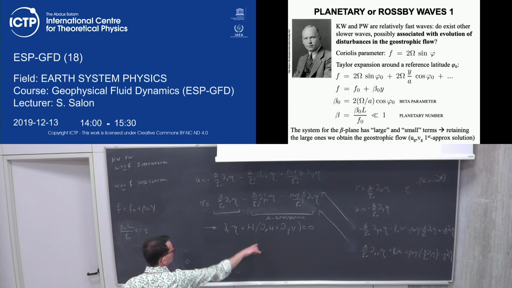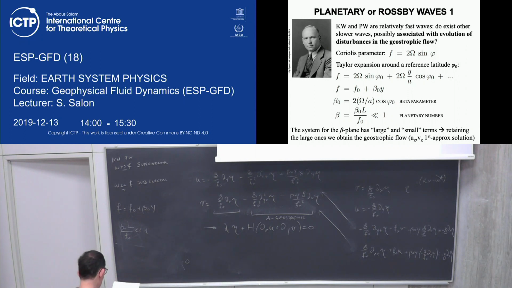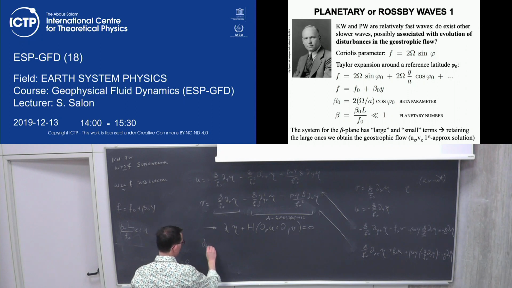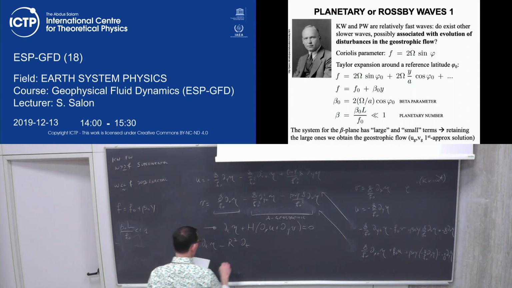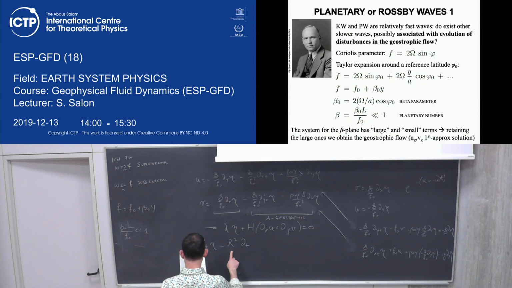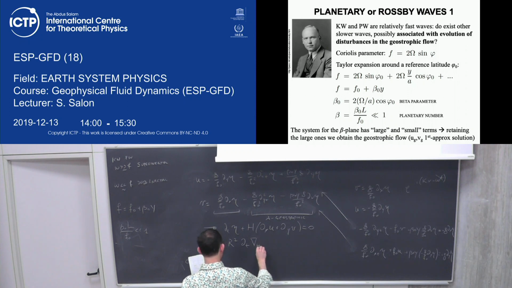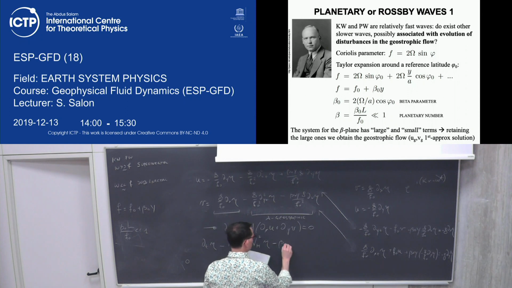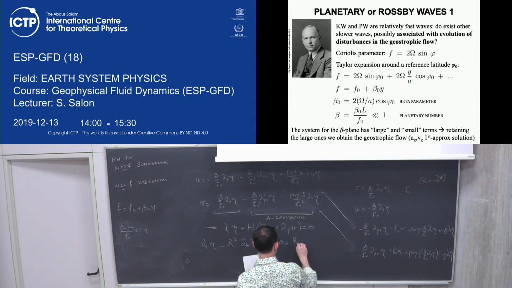The two terms go inside, and what we obtain is a single equation for eta. So we have the first term, the local derivative, minus r squared, the time derivative of the horizontal gradient Laplacian of eta, minus beta 0 r squared dx eta equal to 0.